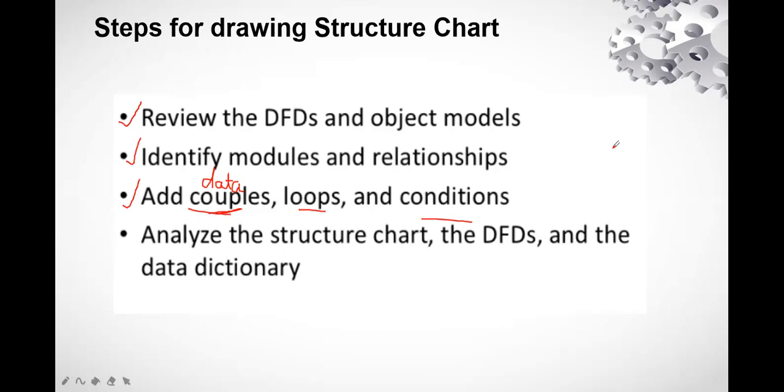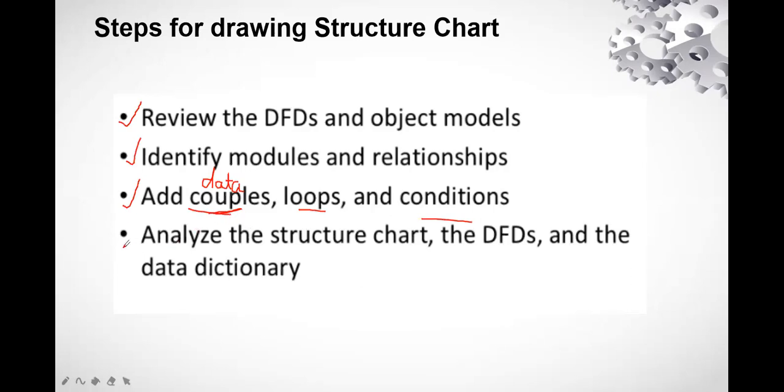So the process of calculating salary, calculating payroll, is dependent on the database. It needs to communicate with that database so that the employee detail can be fetched and then the calculation can take place. So these two modules, these two entities, are interacting with each other. That is what we have defined here as data couples.